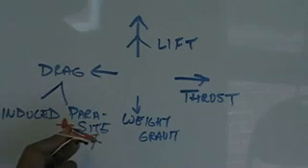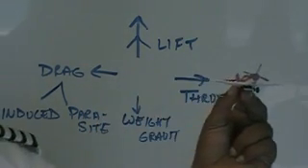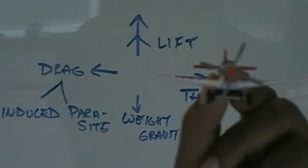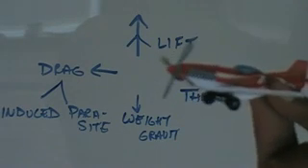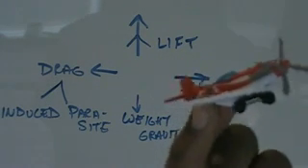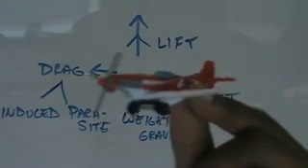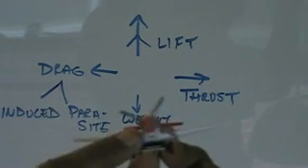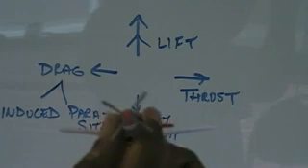The parasite drag is caused by basically anything protruding out into the slipstream or the relative wind of the aircraft, like the wings, where you've got parts coming together.